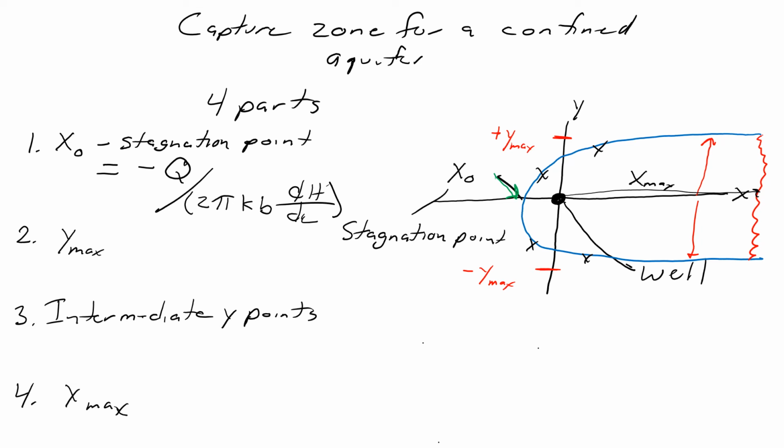Y max is plus and minus Q over 2 K b, dH over dl.